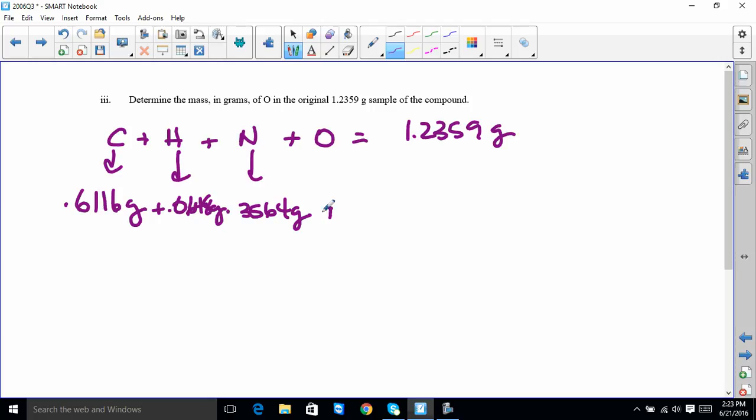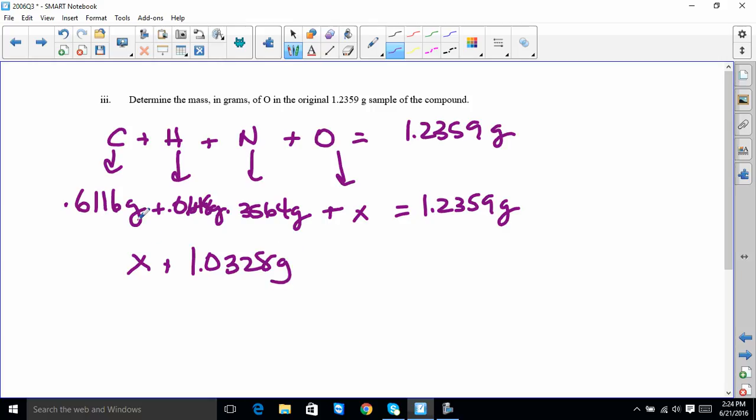And then that plus, and we don't know oxygen, that's X, and that is 1.2359 grams. And so we get X plus, what would this be? I think it is 1.0328 grams.